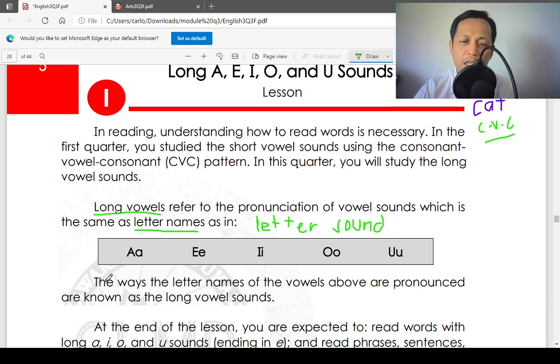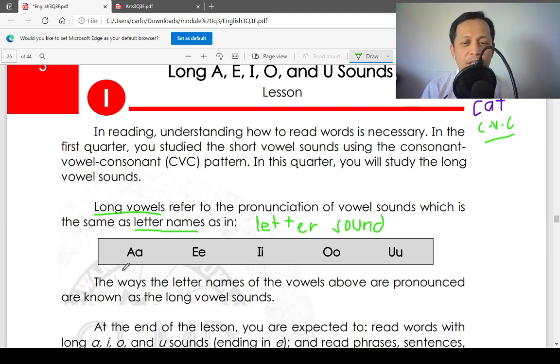In letter names, we read this as A, E, I, O, U. If we are going to use the letter sound, we read this as A, E, I, O, U. See the difference, guys?